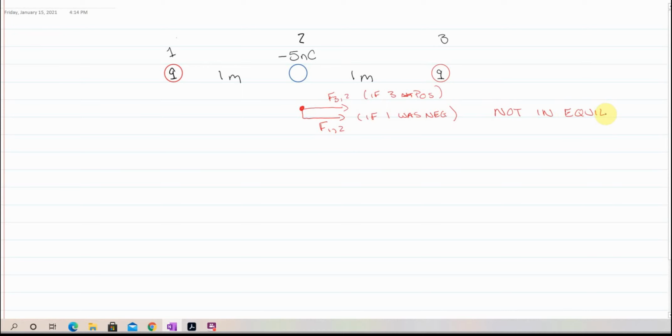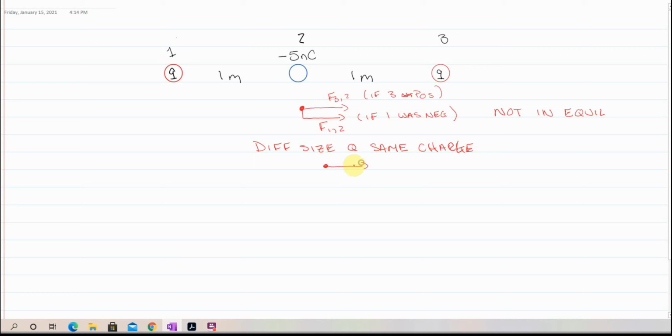Now if they're different sized charges, I'm going to end up with the same thing. So different size, but same charge, so either both positive or both negative. What would I have? Here is my center charge, and let's just call 1 and 3 both positive. So it's going to be attracted to both.